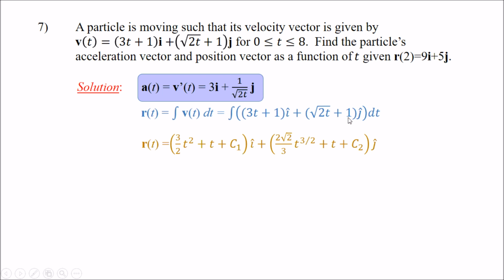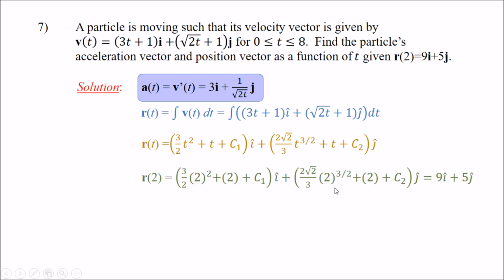When I integrate the vertical component, the antiderivative of the square root of 2t is 2 square roots of 2 over 3 t to the 3/2. The antiderivative of 1 is t. And then it needs its own constant of integration, so I call that c sub 2. This constant, c sub 1, and this constant, c sub 2, are most likely different values. So that's why we're giving them subscripts, so that they could each equal something separate or different.